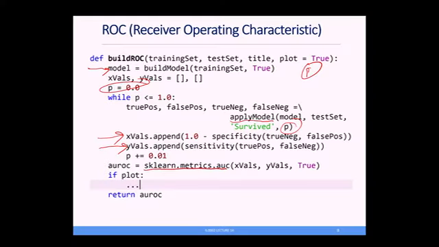And then I'm going to produce this curve calling sklearn.metrics.AUC. That's not the curve. AUC stands for area under the curve. And we'll see why we want to get that area under the curve.